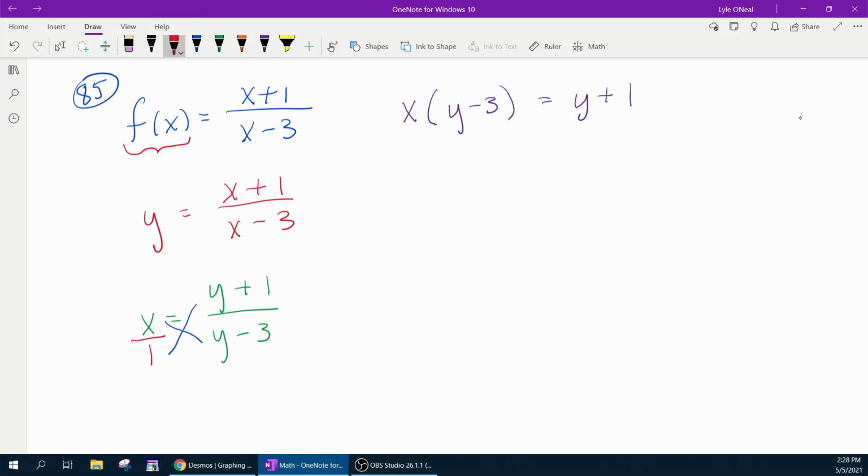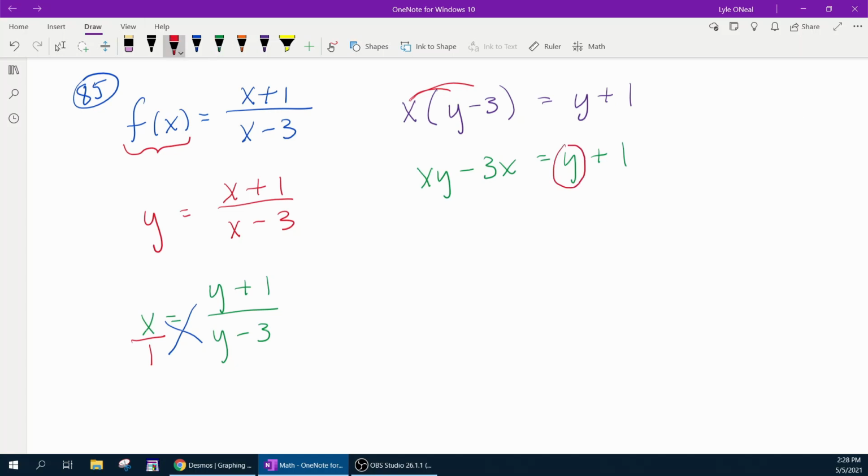And then I'm going to need to distribute the x to get rid of the parentheses. So we're going to have xy minus 3x equals y plus 1. With the parentheses gone, the terms are free to move about the equation. Remember, my goal is to get the two y's to become 1. So any term that has a y needs to be on the same side of the equation.